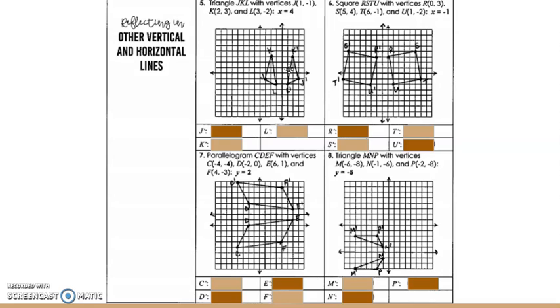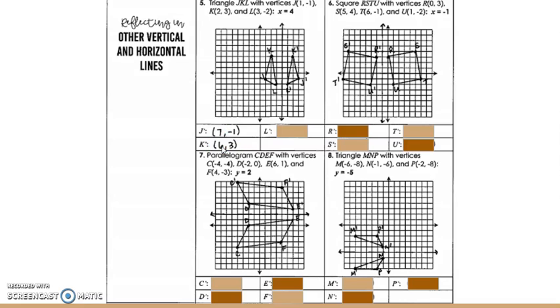We're still doing the same exact process. So once I graph my line, it is important to graph x equals 4 so you can see where we're reflecting over. I'm going to graph my pre-image and then just count the distance from x equals 4 to graph the image and then fill in my ordered pairs.